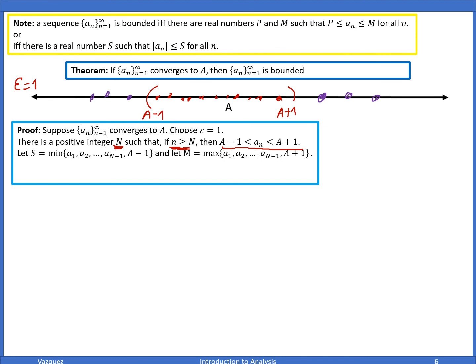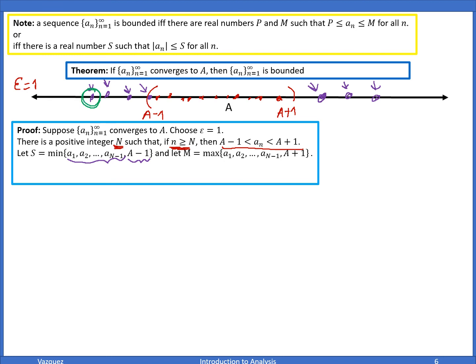And now we're going to choose S to be the minimum of all these points that are outside our interval, and A minus 1, which is the least point of this neighborhood. And then we're also including these because these are the ones outside. So the minimum one, the lowest. The lowest in this case is this one I'm going to circle in green.